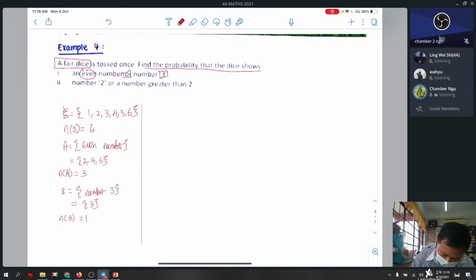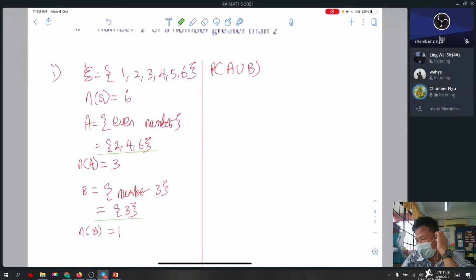Okay, so we try to answer the probability of A union B. Now can I ask, from the elements in the set A and also the elements in the set B, do they have common element? Ada ke tidak elemen yang sama? Please reply me.